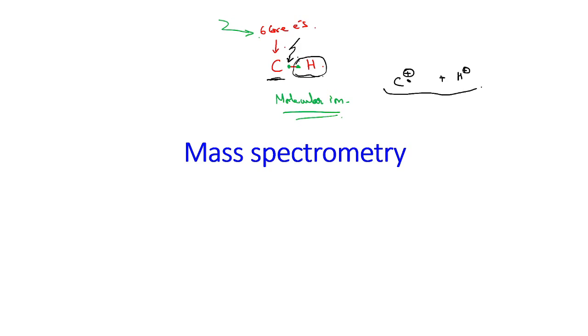So this is the first case. You are having this charged particle plus a neutral hydrogen atom. On the other hand, if the electron knocks off this hydrogen, you will be getting C plus H plus cation.